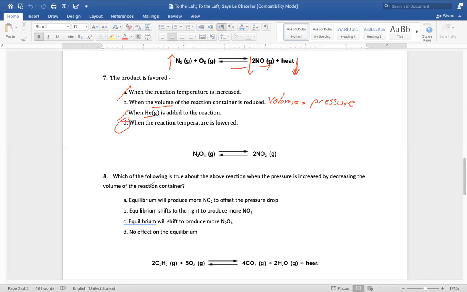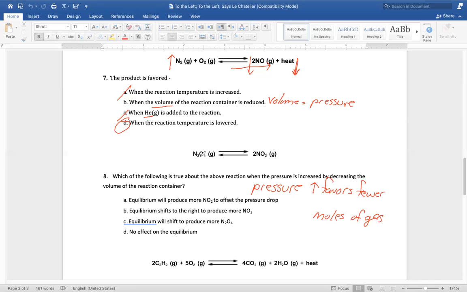Okay. So let's look at this one. One more. So which of the following is true about the above reaction when the pressure is increased by decreasing the volume? So remember, here, this is the toughest. Again, pressure goes up. It means that this favors fewer moles of gas.